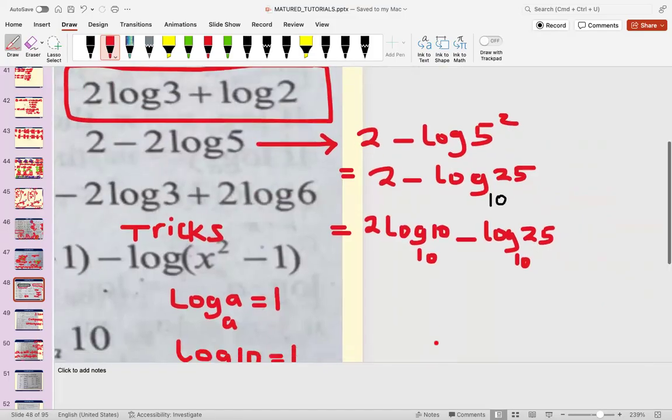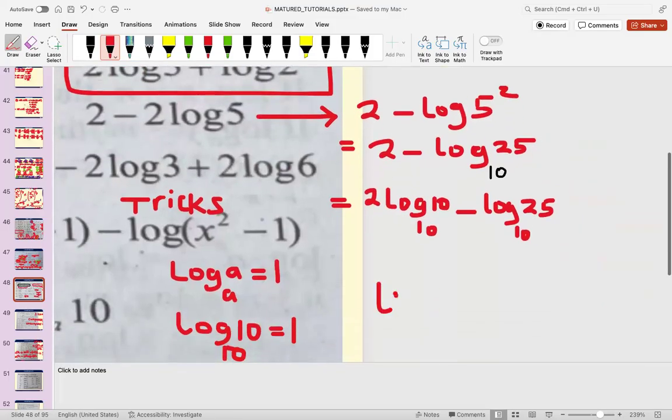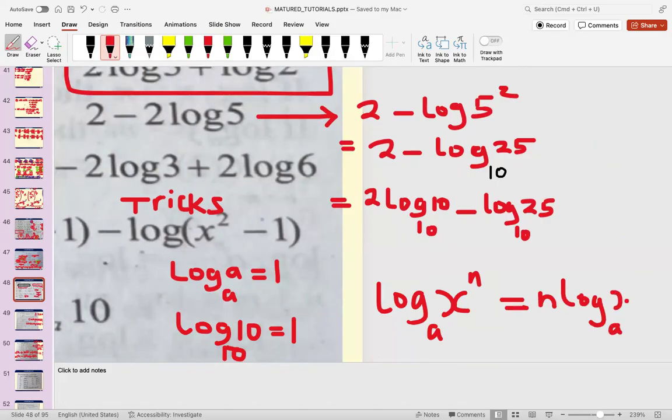Now, do you remember this law we wrote? Log A X N. Third law, we said bring the N at the back of the log, and then it became N log A X. Do you remember this law?